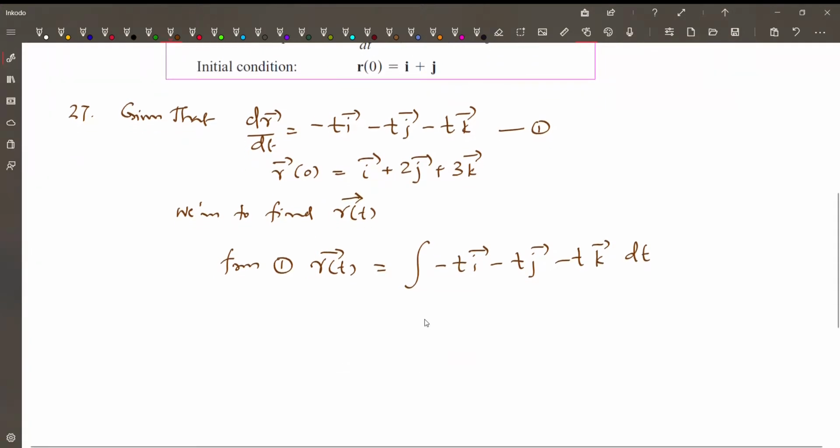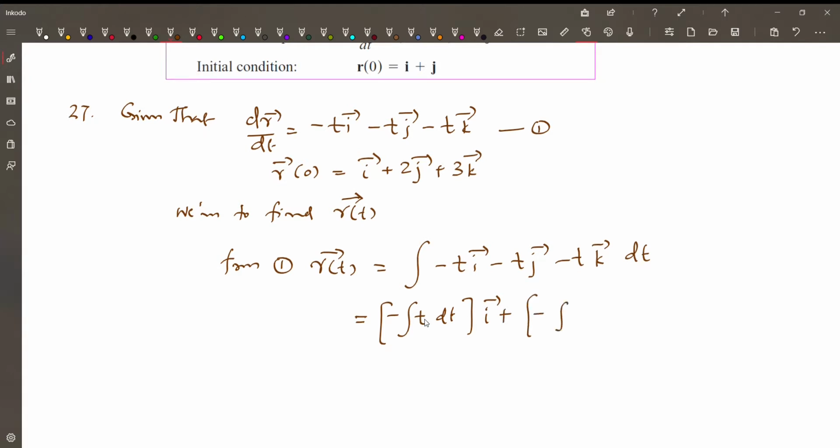That is equal to integral minus t dt i plus minus integral t dt j plus minus integral t dt k.